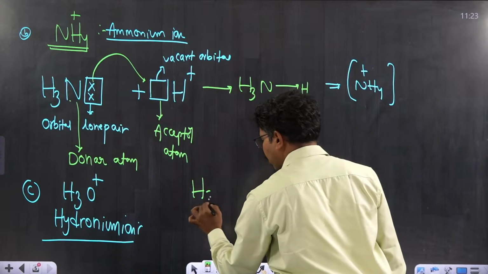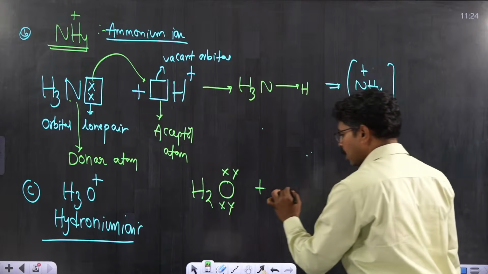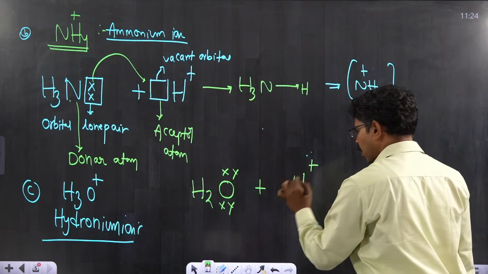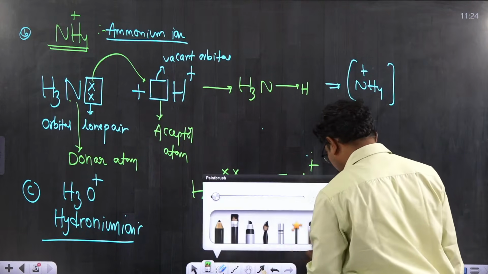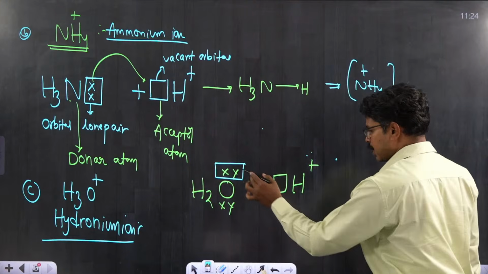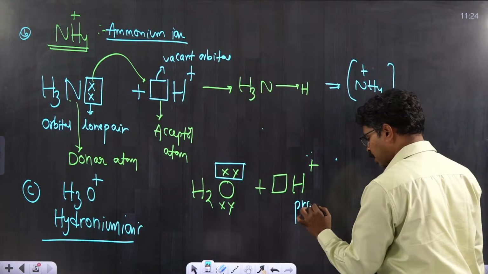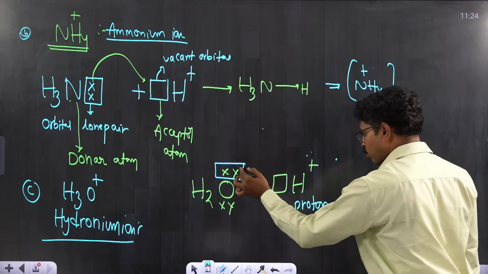Now, if I am talking about water, water has two lone pairs and the hydrogen has a vacant orbital. Let me write in this way. One of the orbitals of oxygen has a lone pair, and in the case of proton or H plus, the orbital is vacant.